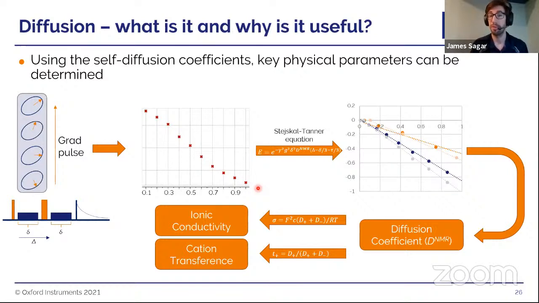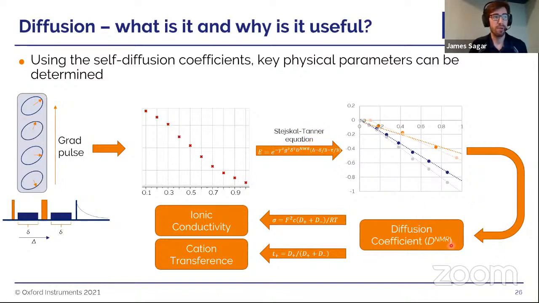So less of the spins contribute to our peak intensity. Once we've got this decrease in the signal, we can use this Stejskal-Tanner equation, and by plotting this, we can get a graph where the negative of this gradient is directly the diffusion coefficient, D NMR.